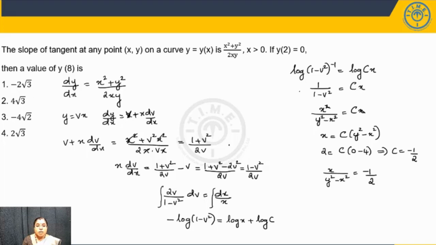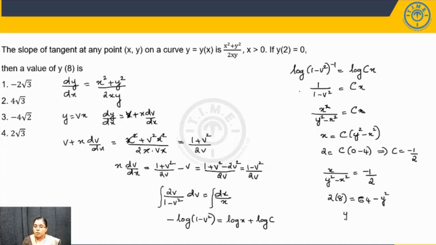Now we want y of 8. When x is equal to 8, what is y equal to? So let's rearrange. So 2 into 8 equal to minus of y square minus x square, or let us write x square minus y square. What is x square? 64 minus y square.